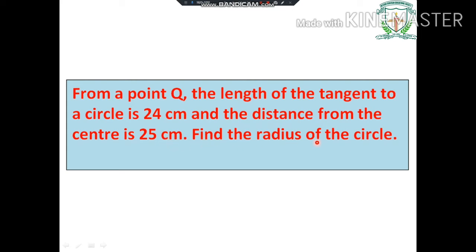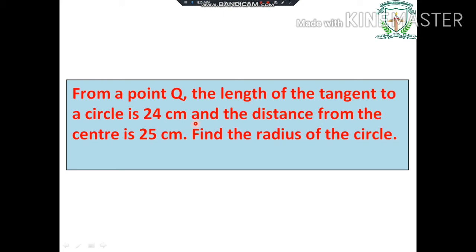Find the radius of the circle. Children, you have to read and understand this statement problem. So there is a circle and a tangent, and the length of the tangent is also given. What is the length of the tangent? The tangent is 24 centimeter. And the external point Q is 25 centimeter away from the center of the circle.